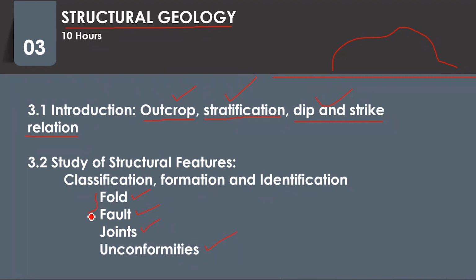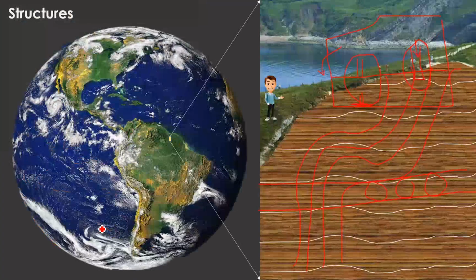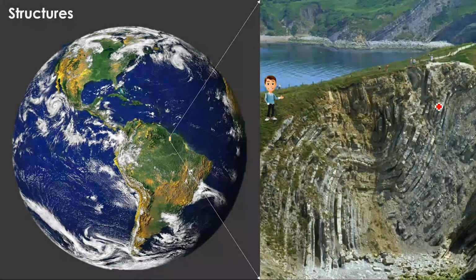These features are an essential understanding for a civil engineer before we go for any construction activity. Right now, what we have seen in this figure is a terrain where what we see is folded strata.